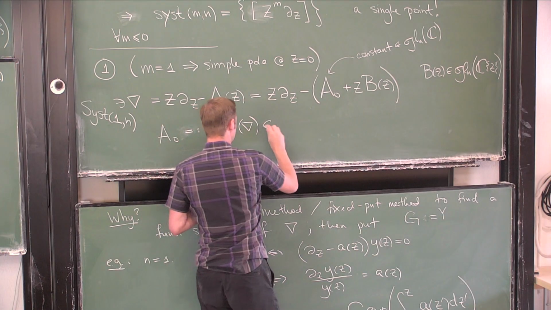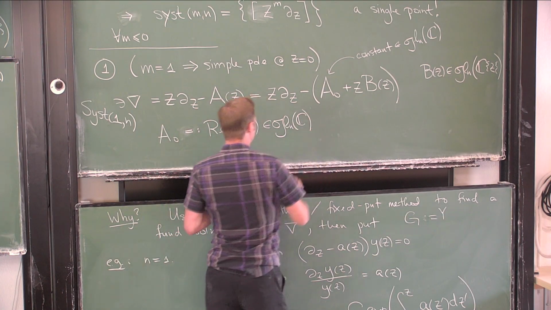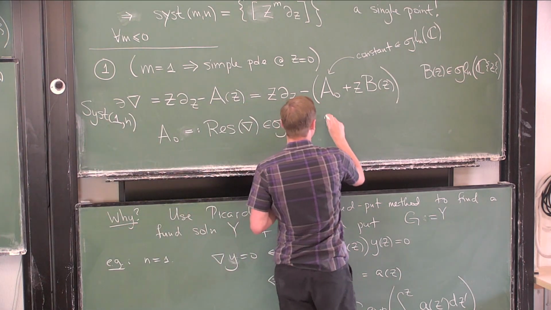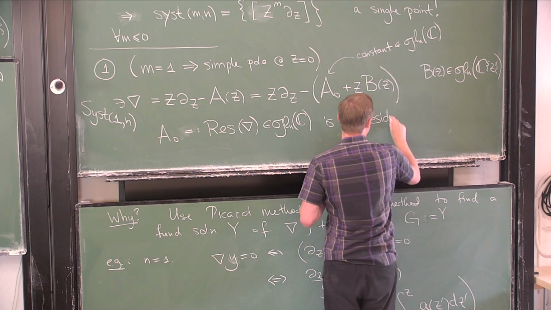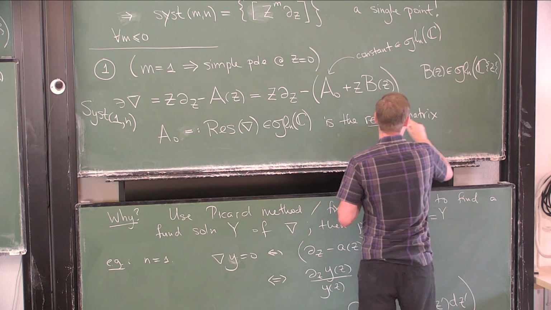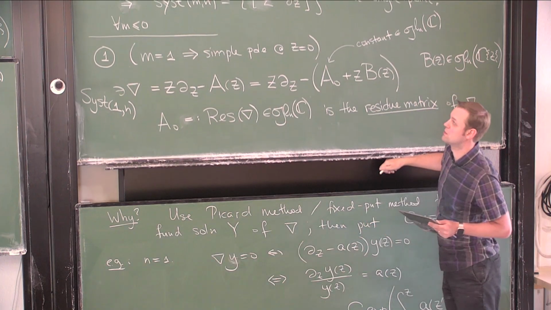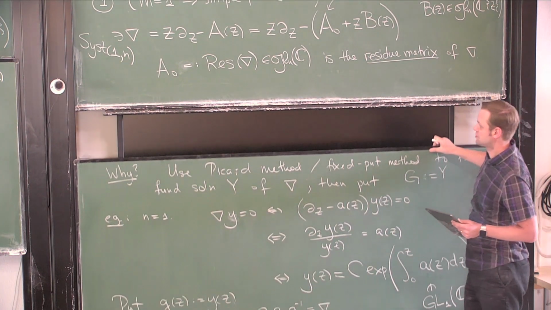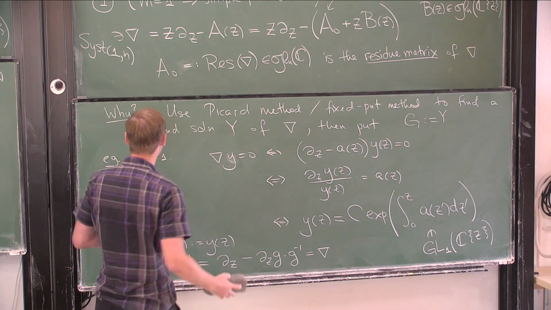It's a constant matrix called the residue matrix of nabla. It's going to be an important, not quite invariant, but almost an invariant, quantity associated with our system.